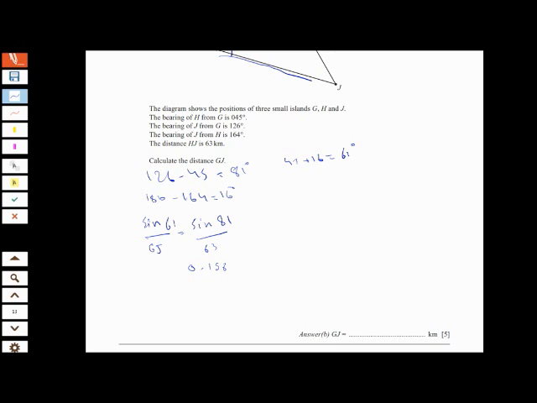So GJ is equal to sine 61 divided by 0.156, which is 56.1 kilometers. That's the answer.